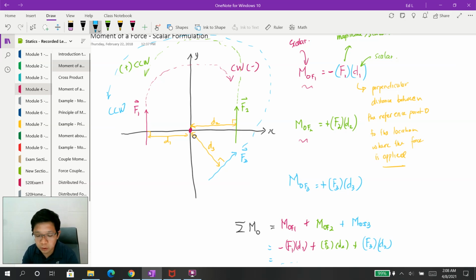Whatever we do is just trying to make sense: we have the forces, then what is the perpendicular distance, and after that, what is the sign convention?